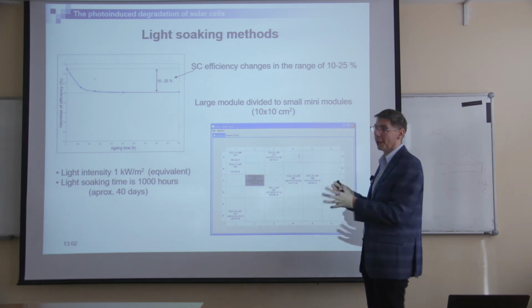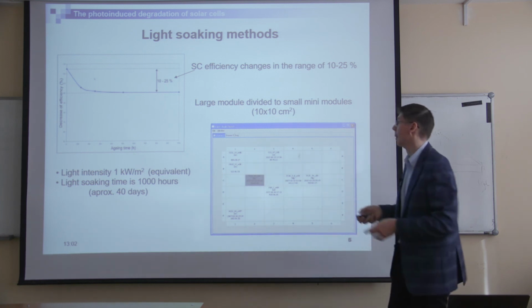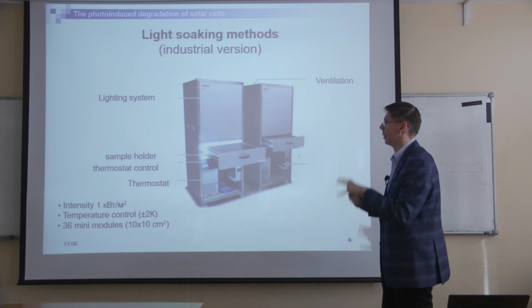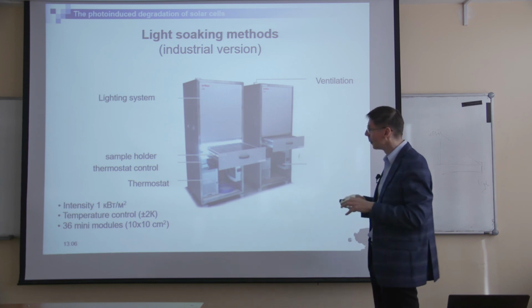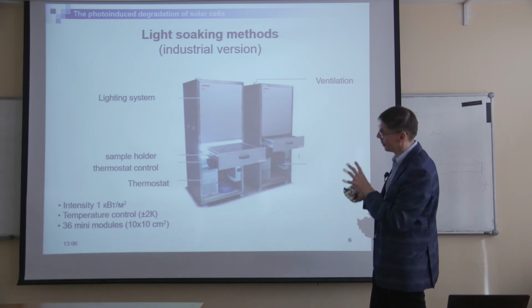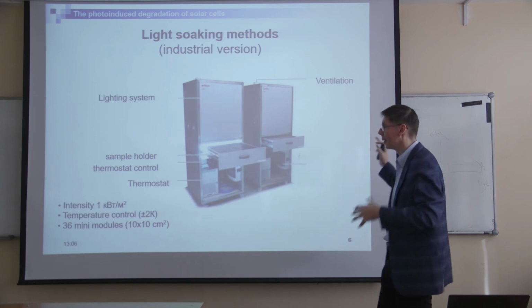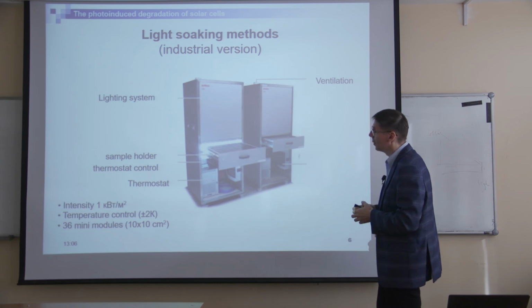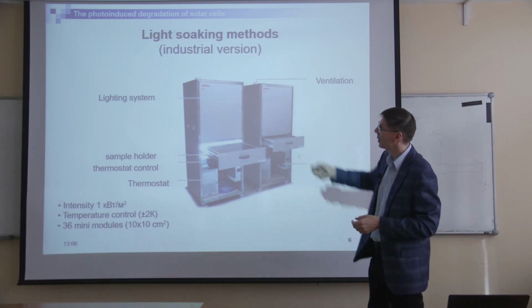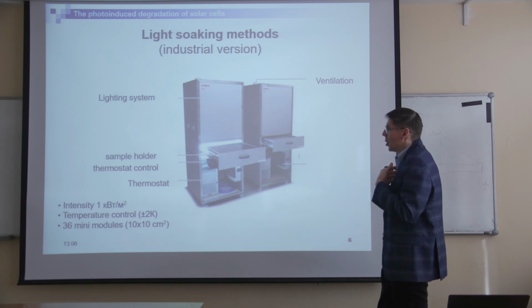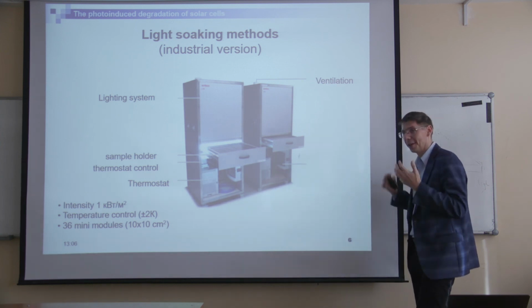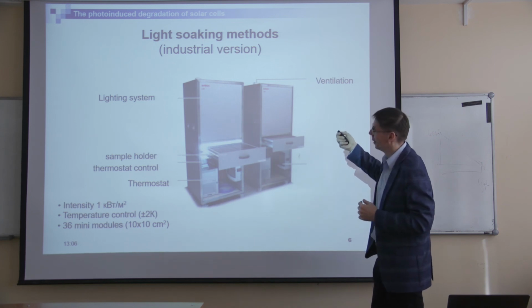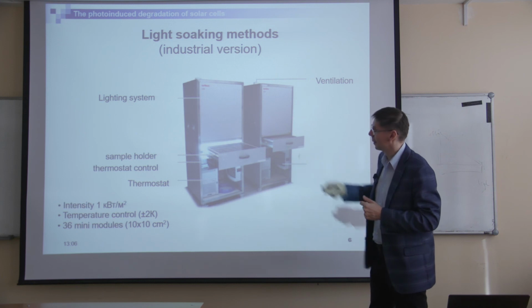Normally it's a small mini module, like 10 by 10 square centimeters, and you put it in a special light soaking system. You can see it's already quite a large scale device. So we have a lighting system, because it should provide the light during 40 days. And so we put the samples here.